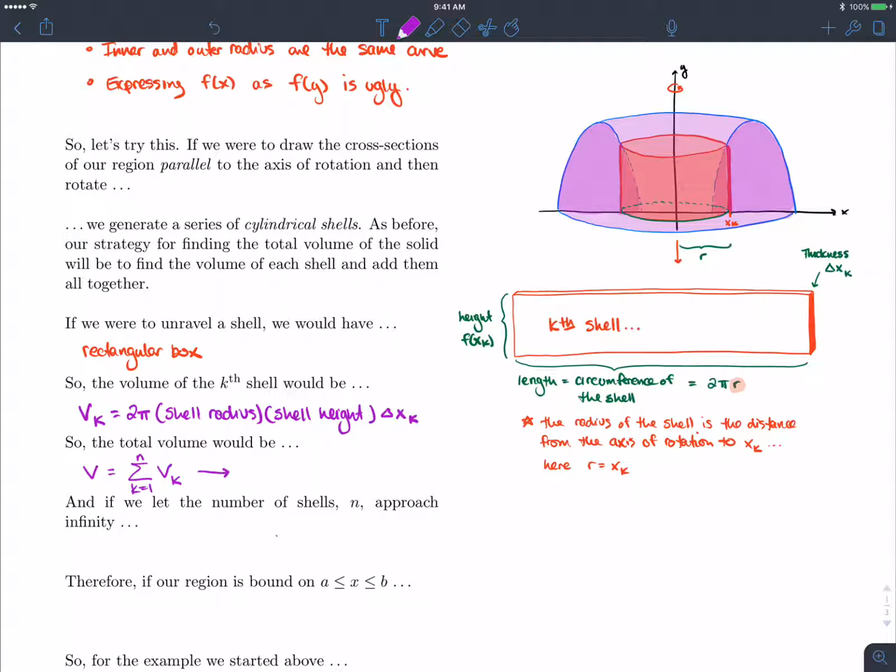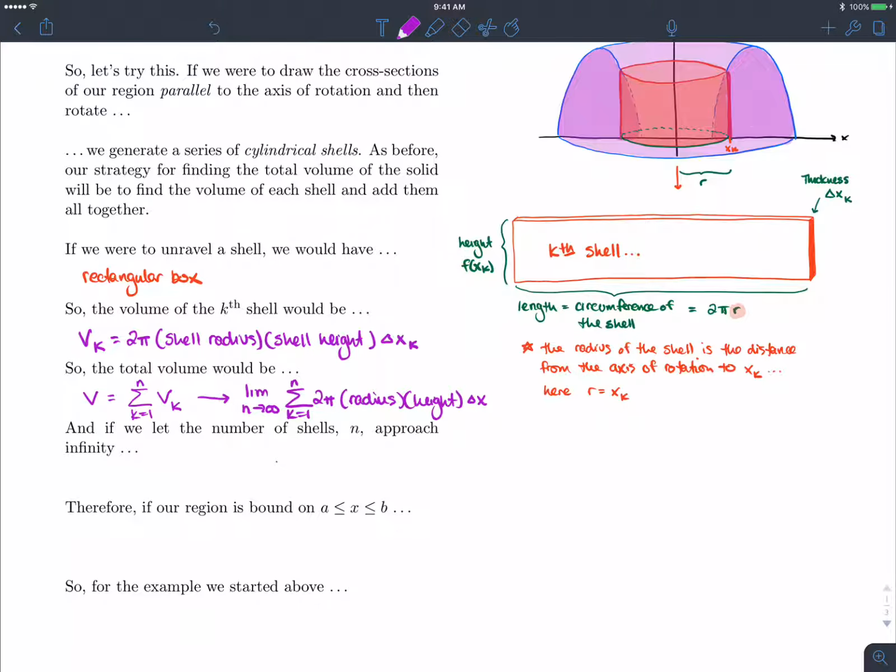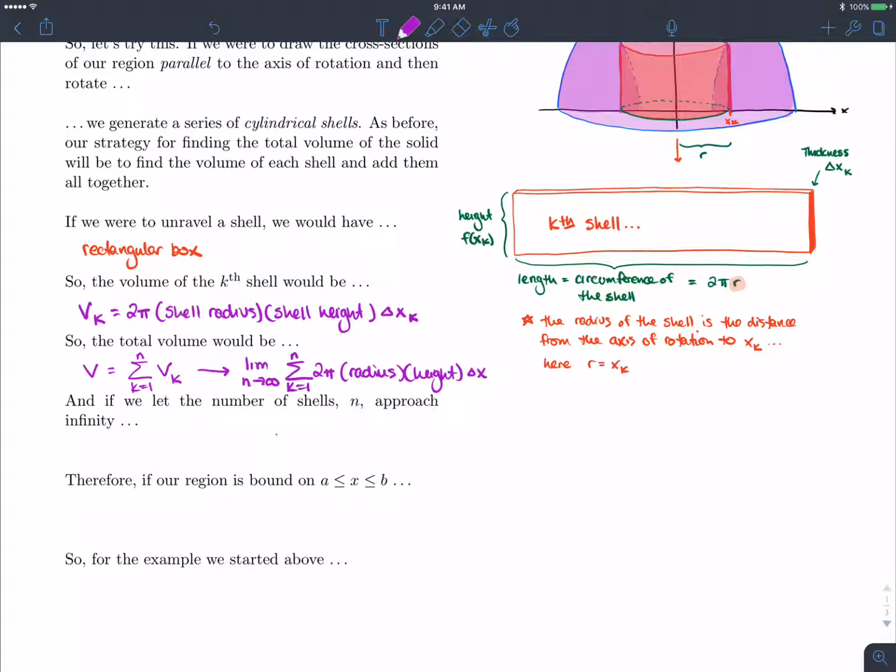If we were to let the number of shells approach infinity, so we would take the limit of the sum from the first shell to the nth shell of 2 pi, again where this is just the radius times the height times delta x, then we would get our total volume. So I guess this probably should have come down right here.